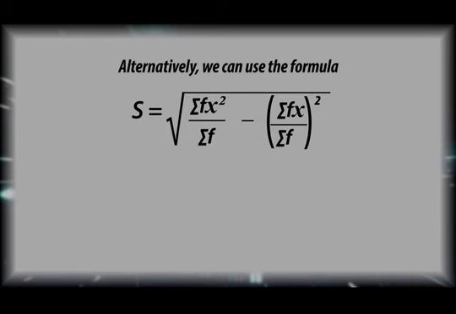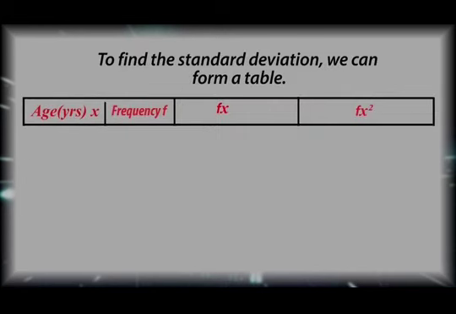I'm sure you can see that the second bracket under the square root sign is standing for the mean. So to find the standard deviation, again, we can form a table, and then we pick the values from the table, put into that formula and work it to get our standard deviation.